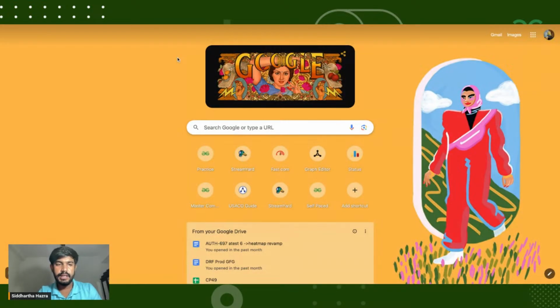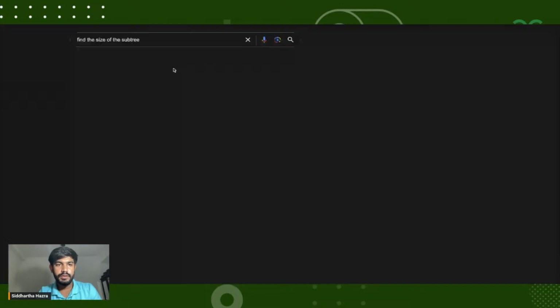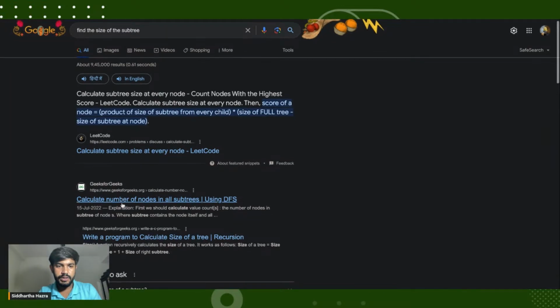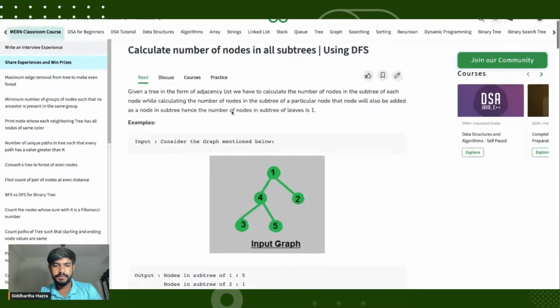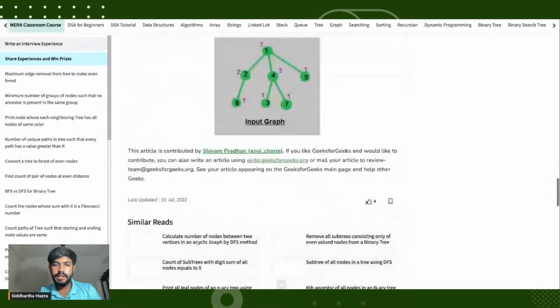Find the size of subtree. You would find the question: calculate the subtree size at each node. Yep. This is basically an implementation of that. Kindly learn this.